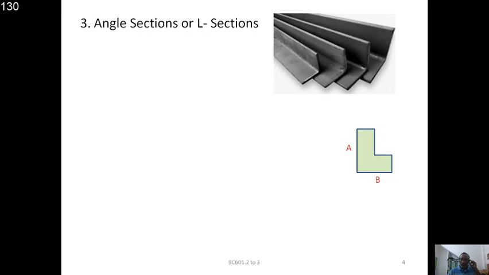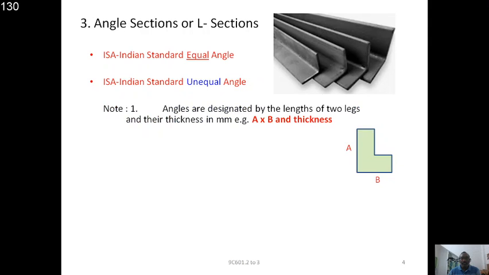Now, these are the angle sections. For these angle sections, the dimensions are available in the IS code book of standard sections. While taking the dimensions, it should be noted that A is the vertical leg dimension and B is the horizontal leg dimension.